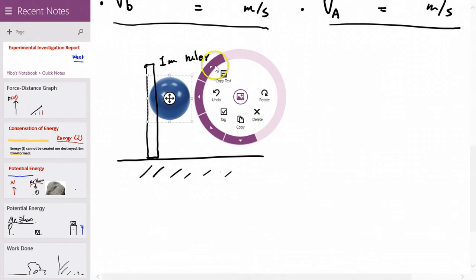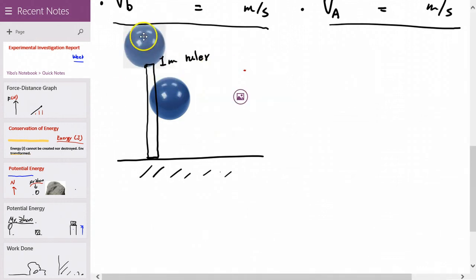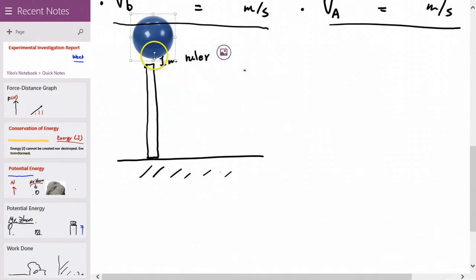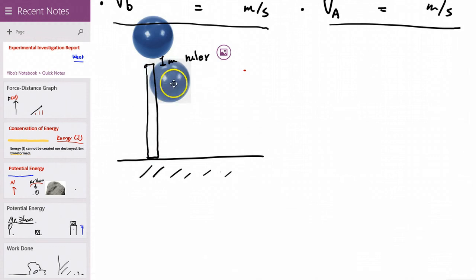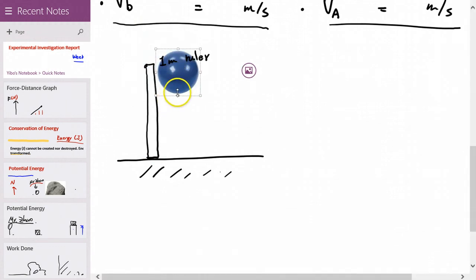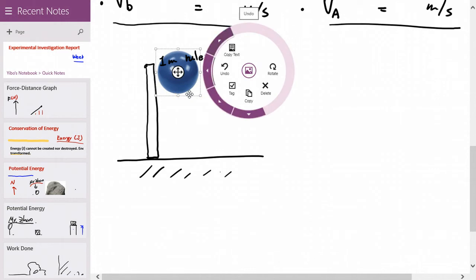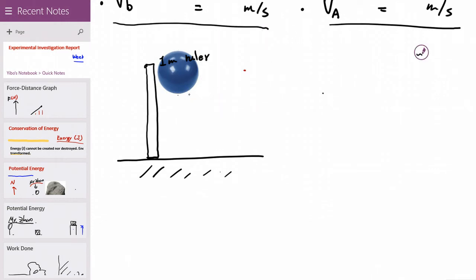If you drop the ball from 1 meter above the ground, and you measure 1 meter from the bottom of the ball, then when it bounces up, you need to measure the distance from the bottom as well. Use slow motion to find the point where the ball achieved its highest height, and you can read it directly from the meter ruler.